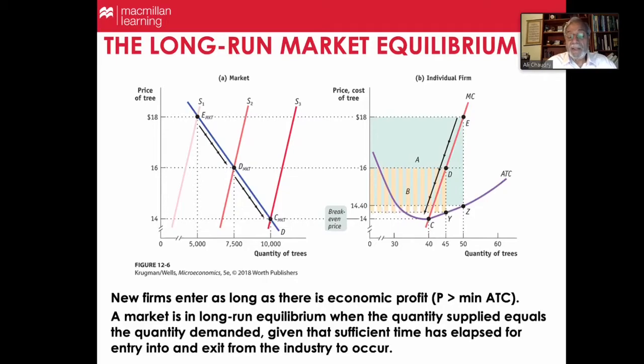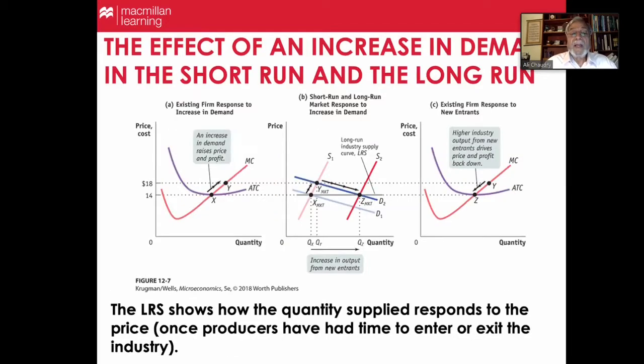All right. Here we just show you the movement. The existing firm response to increases in demand. So when the demand increases, okay, companies will respond to that. So if we see the demand curve shifting from D1 to D2, now an increase in demand, we recall, is a shift in the demand curve.